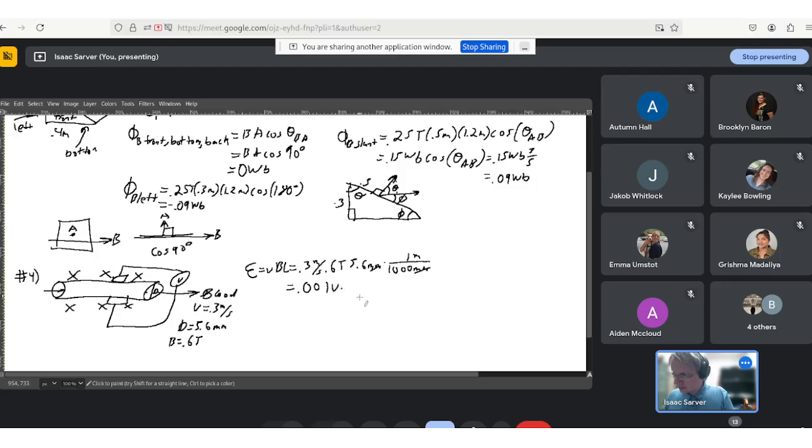I suppose you can multiply that by 1,000 millivolts per volt. Volt cancels volt, and so that turns into 1 millivolt. So not a whole lot, but it's something. Questions? Makes sense?